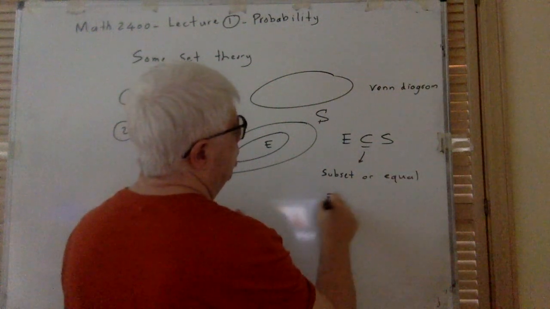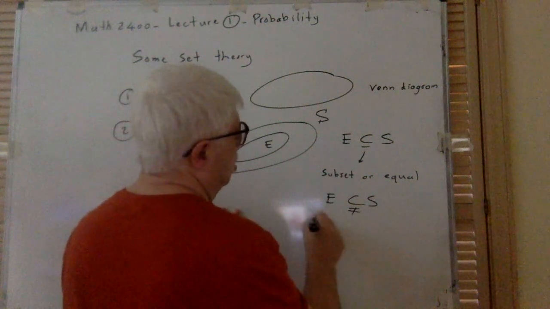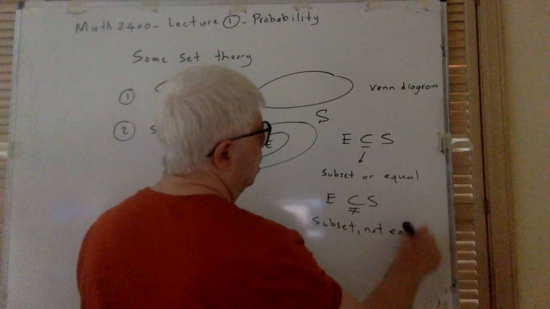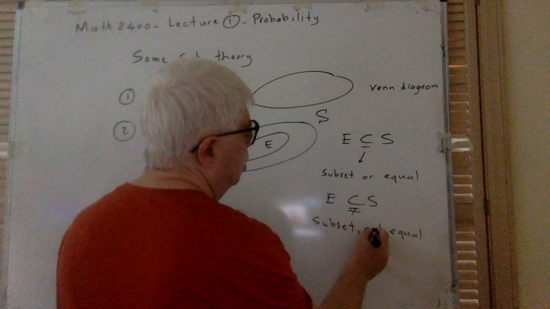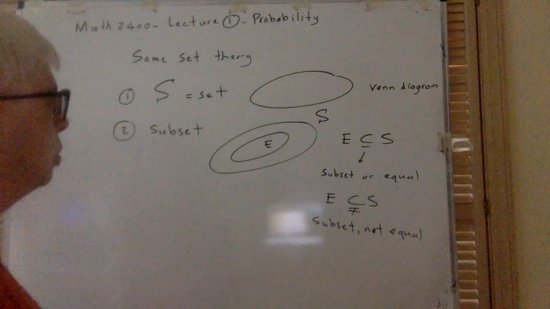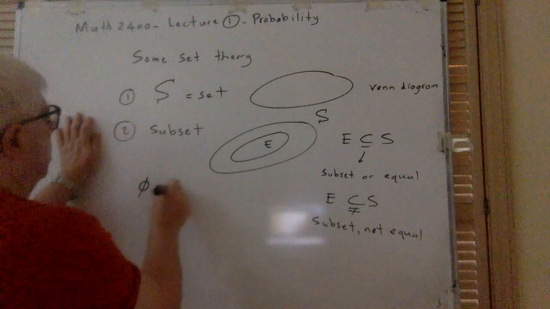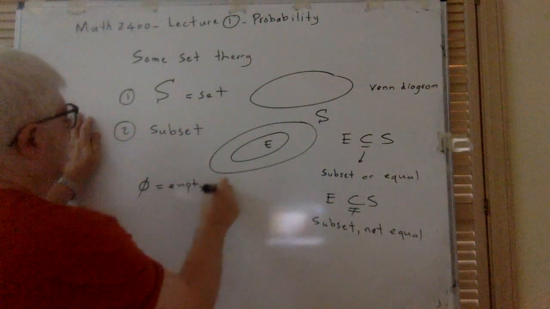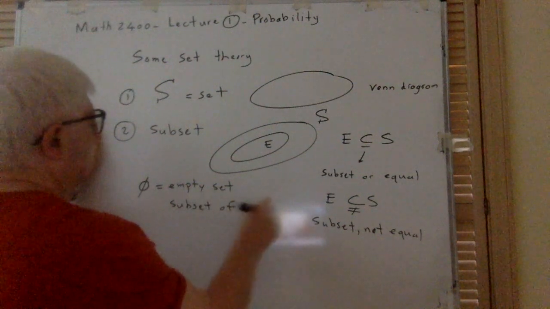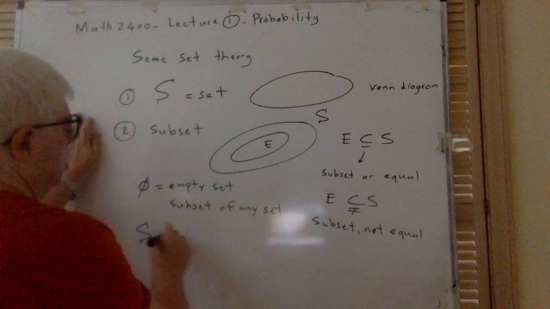So if you write E is a subset, not equal, we also say it is a proper subset, because a set is a subset of itself. Now two important subsets are the empty set, a subset of any set, and also S itself, the set itself.